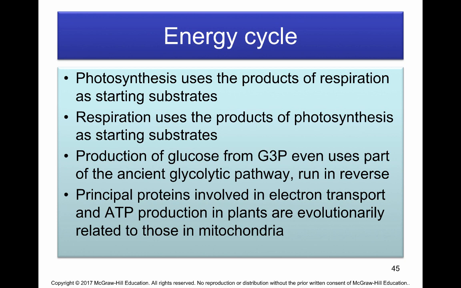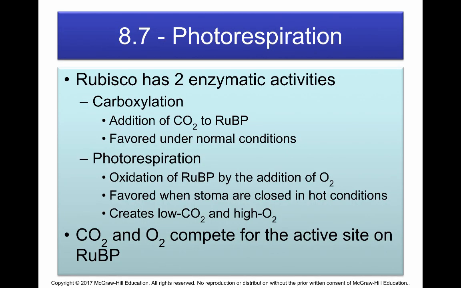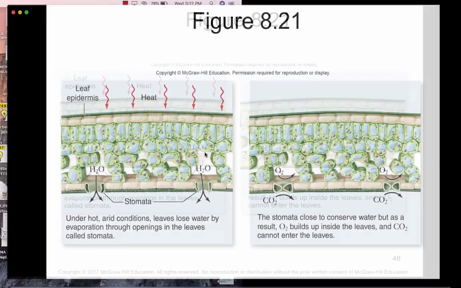So again, the endosymbiont theory, that the chloroplast and the mitochondria could have been related in a symbiotic relationship but then evolved into separate pathways, is evident by all the similarities that they have. This image does a nice job of showing the similarities between the two.